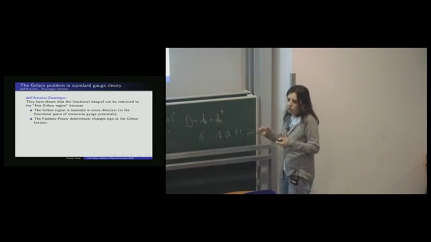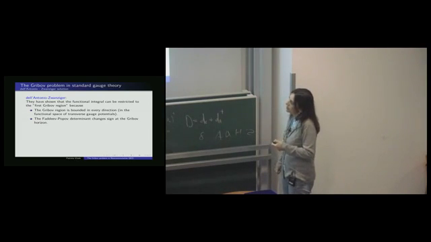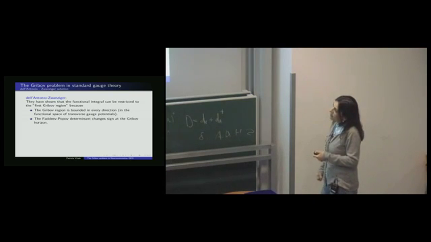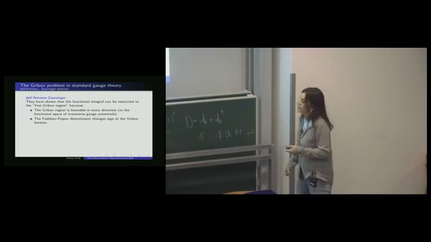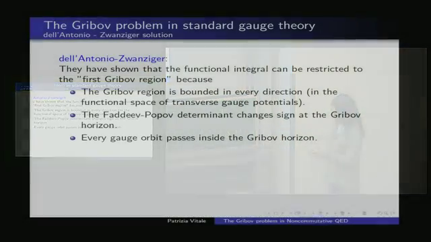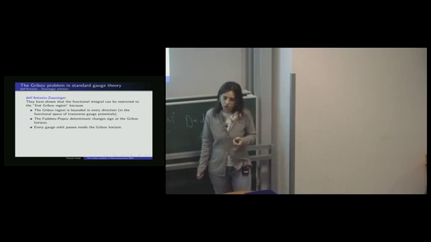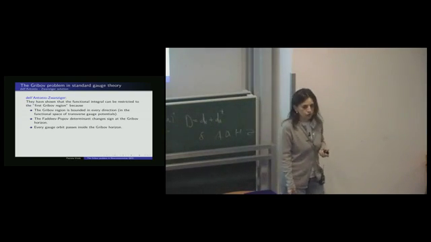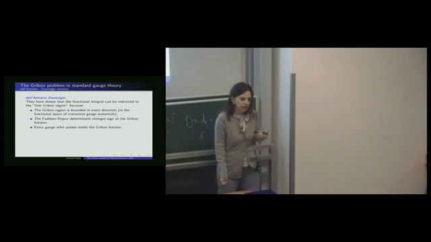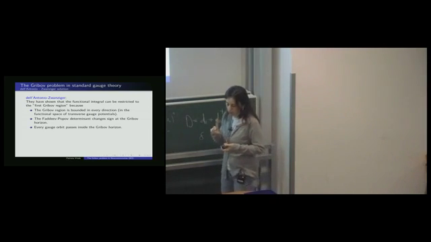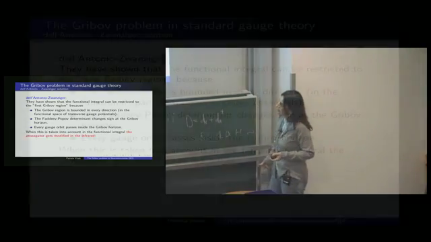So they stay in the region where this object does not change sign. Then they have shown that the region is bounded in every direction. And also that when you are in this region, you are not missing any non-equivalent gauge connection. Namely, all gauge connections pass inside this region one and only one time.